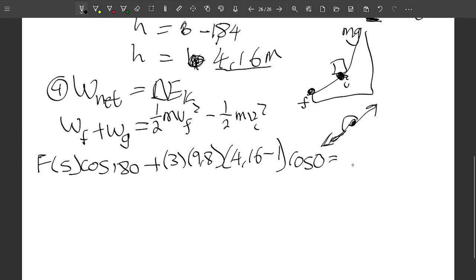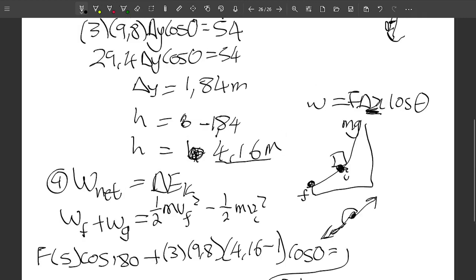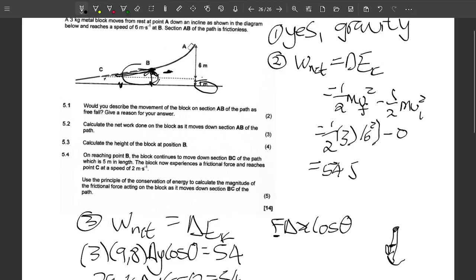This is equal to, now I feel like I'm running out of space, so let me draw it back there. We have a half, and the mass of the object once again is 3, and then the final velocity, remember, it reached 2 meters per second. Let's just double check that. Yes, it's given at point C to be 2 meters per second, so we're good.